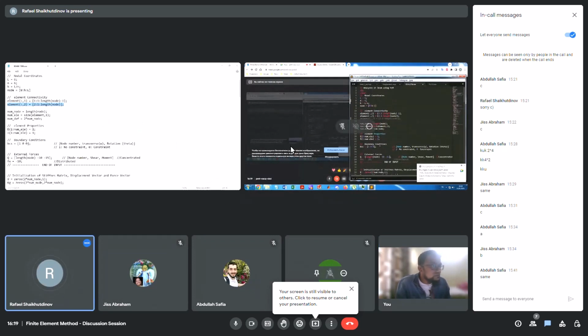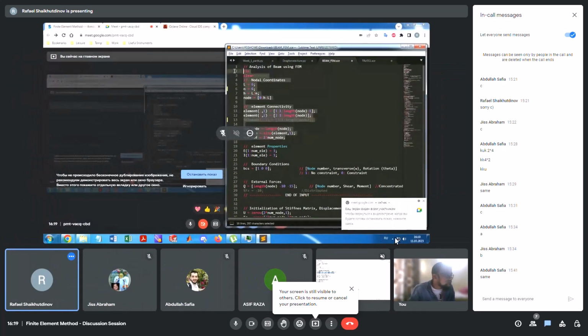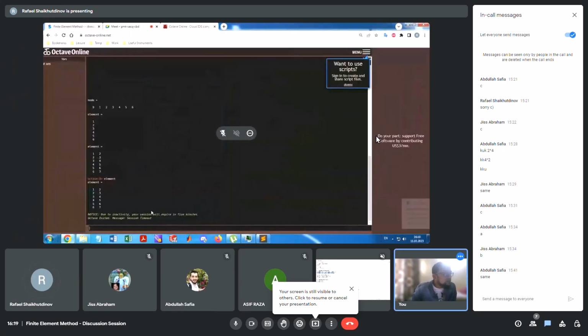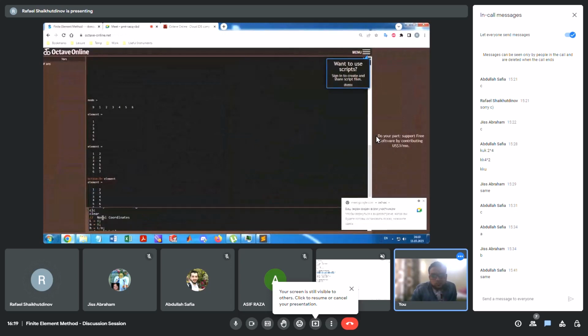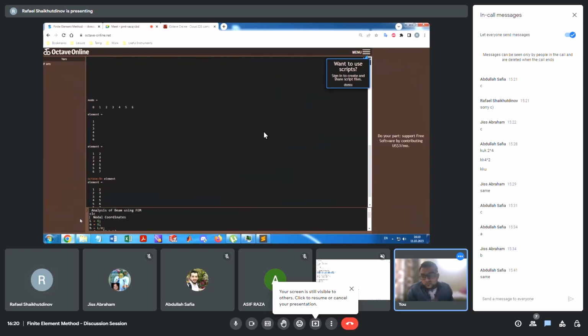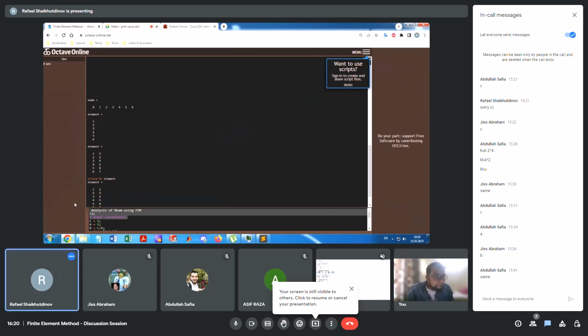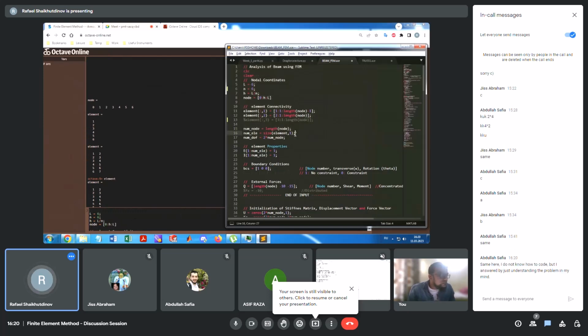Should I run it? You can just maximize that command window. I can do it in MATLAB. Yes, let it be like this for now.